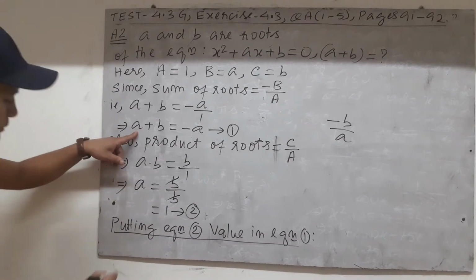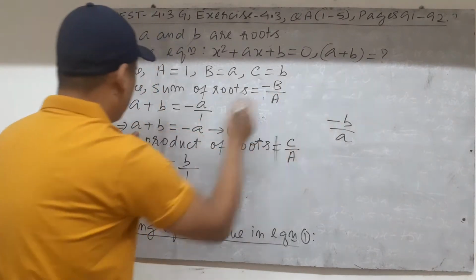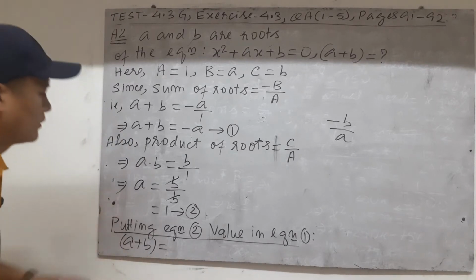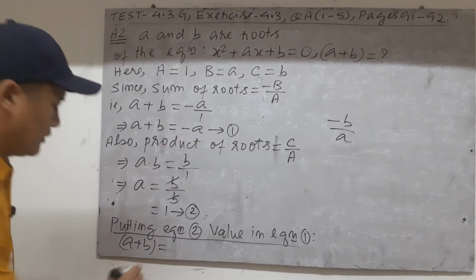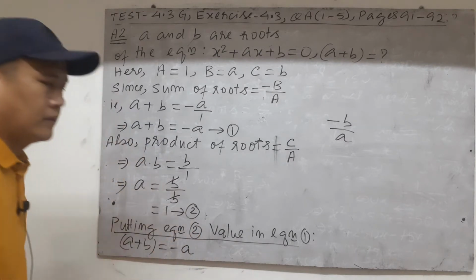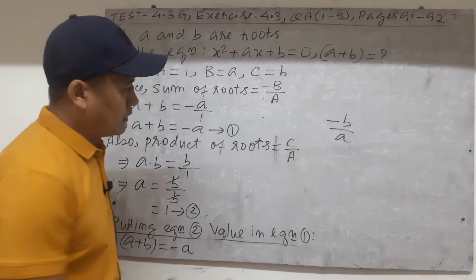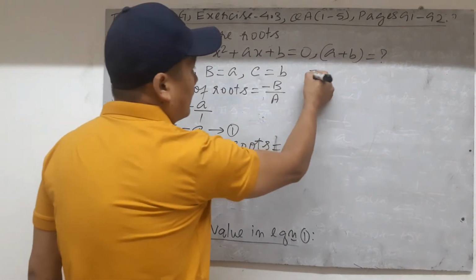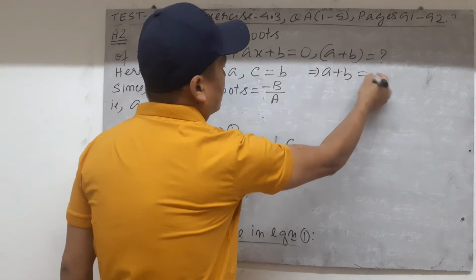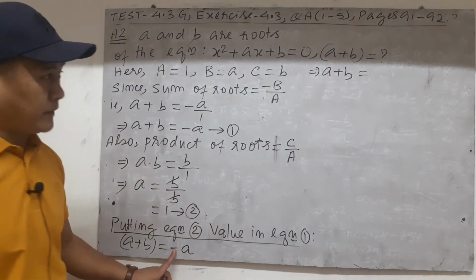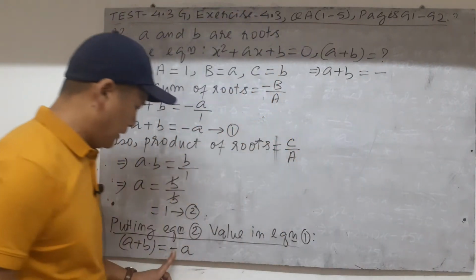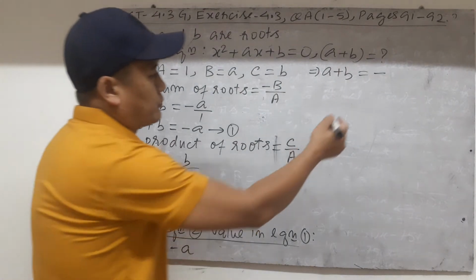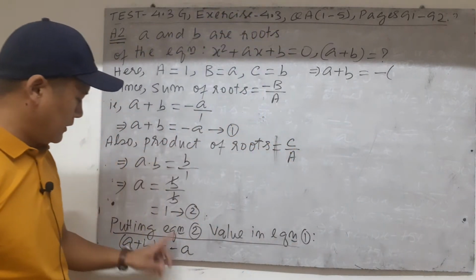What does that mean? It simply means we have to find a plus b equal to, keeping this one, minus a. Just write that once, to make it simple for you to understand. Otherwise we could replace it here itself. So a plus b will be equal to minus a, and the value of a in equation 2 is plus 1.